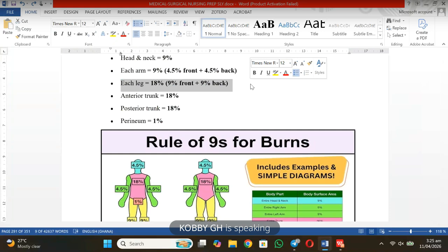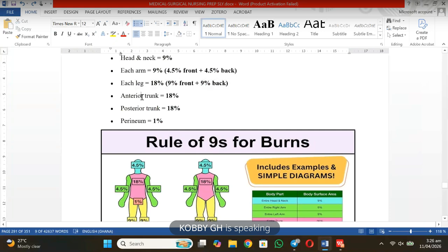If the examiner says a patient's burn affected the anterior right leg and anterior left leg, that is 9% plus 9%. So the anterior leg alone is 9%, the entire leg is 18%. Keep it in your mind.